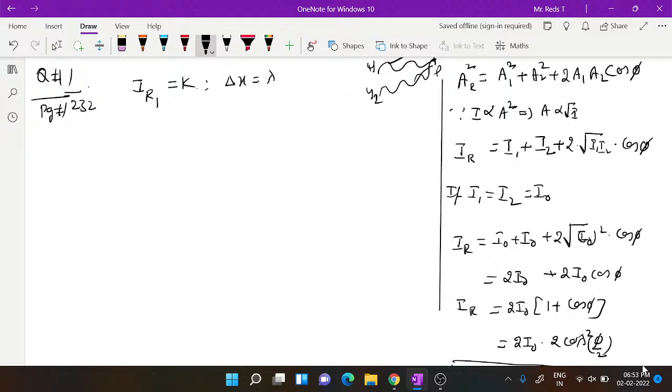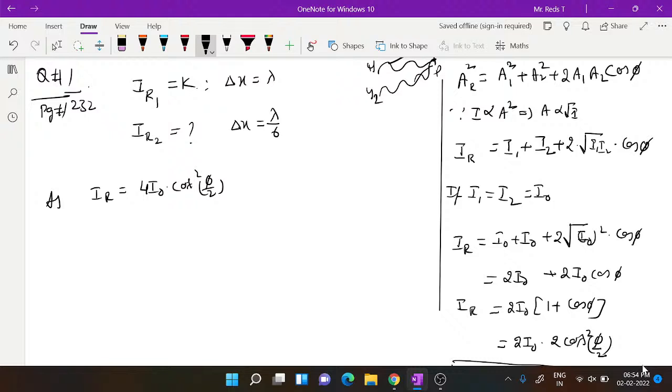Then what should be the intensity of the wave at some point where path difference delta x is equal to lambda by 6 is the question. How can you relate this? As we know, intensity of resultant wave is 4 I naught into cos square phi by 2.